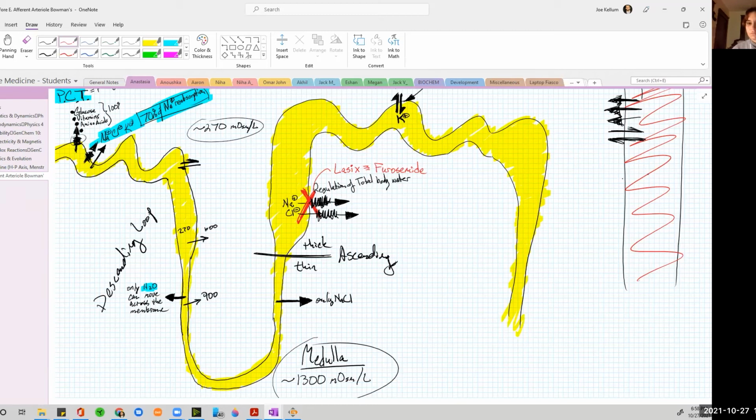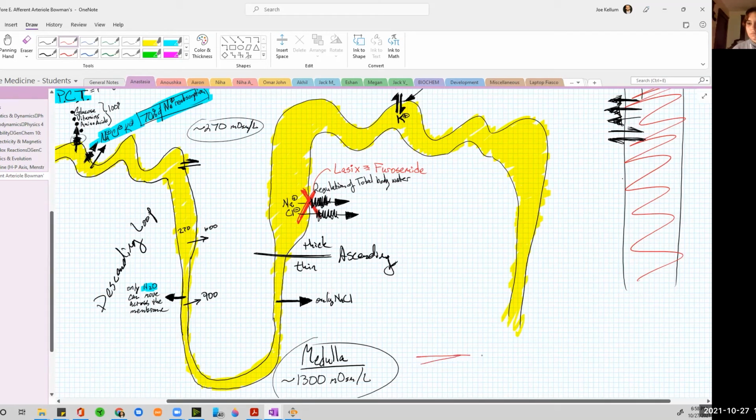A person lying down flat has whatever water they have in their thoracic cavity pool like this, versus when that same person stands up straight, all of that water pools down at the bottom.